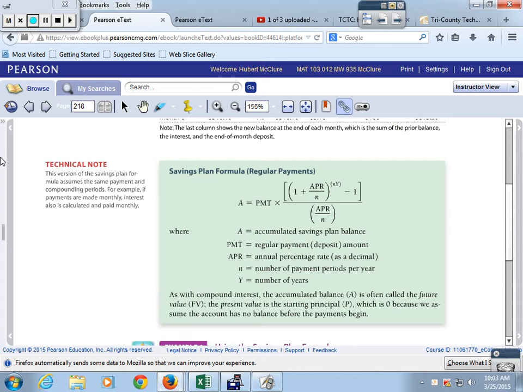A is equal to your outcome, PMT is your payment, and APR is your percentage rate. Now I would put R, 1 plus R over N to the NT power.